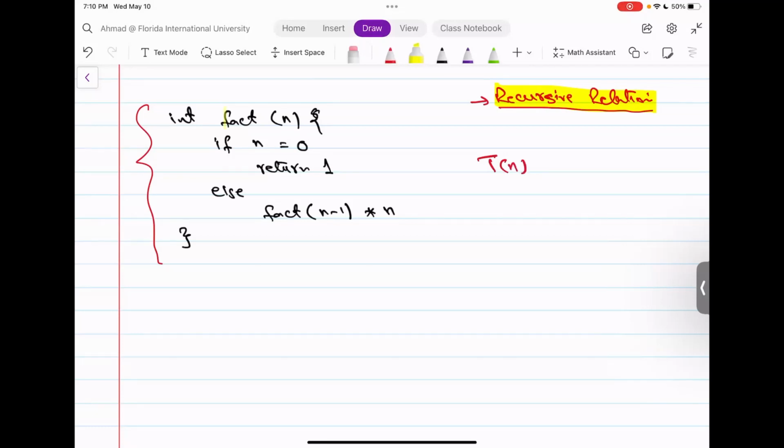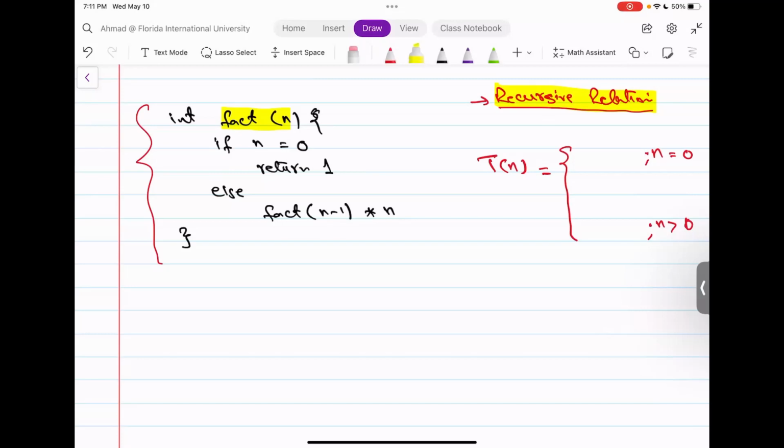I'm saying, if T of n time is required to compute this factorial of n, then this is going to do two things. There are two conditions. One condition is when n is equal to 0, and the other condition is when n is greater than 0. So what am I supposed to do when n is equal to 0?